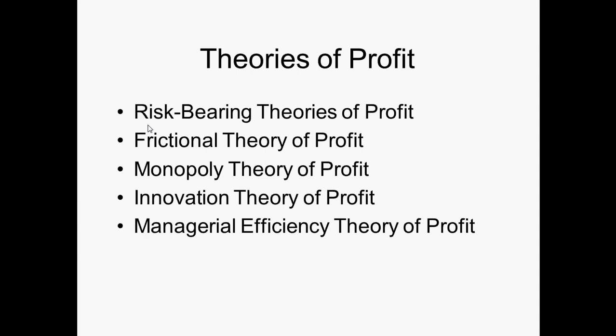So just observing the volatility of stock prices can be problematic, and with bonds it's often not easy to see how much risk is really there. So risk-bearing theories of profit would say that differences in profit among industries and firms arise because the ones that bear more risk earn higher returns.